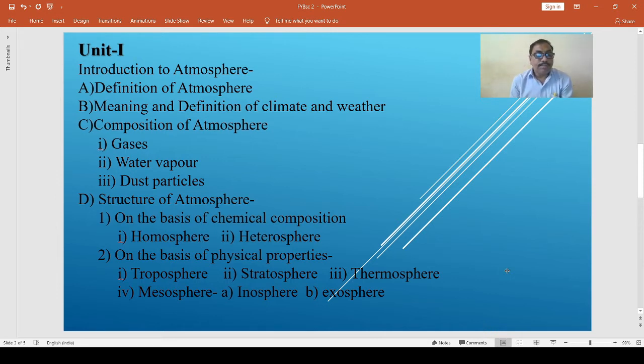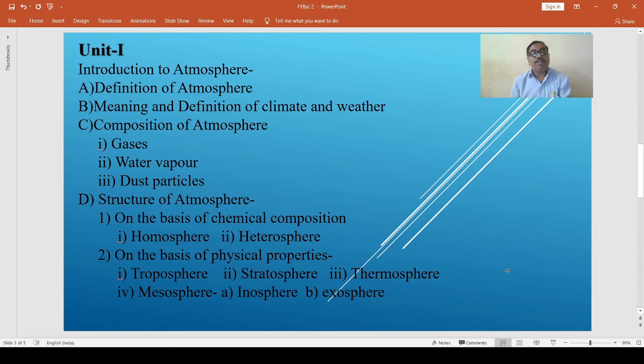There are three parts: pressure gradient, Coriolis force and frictional force. Another sub-unit for this topic is the classification of winds, where we have to study planetary winds, periodical winds and monsoon winds.